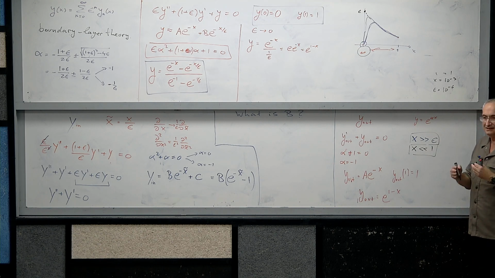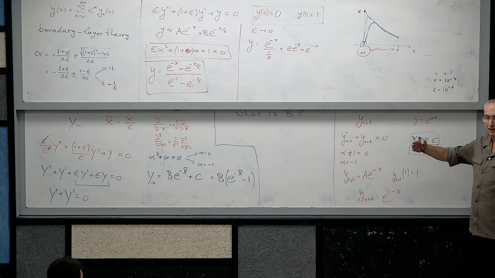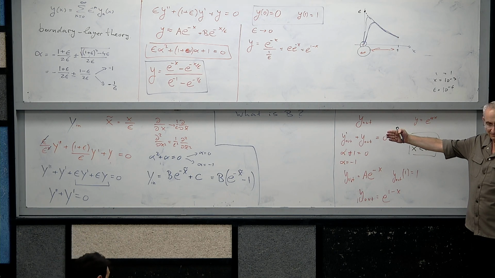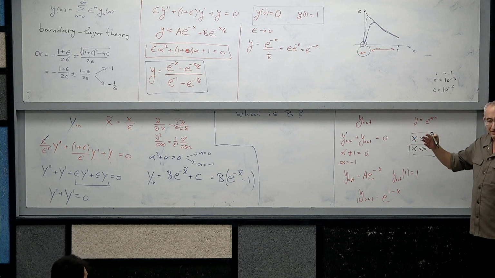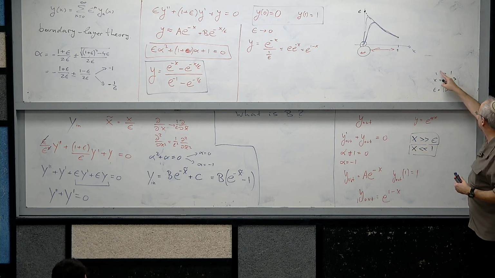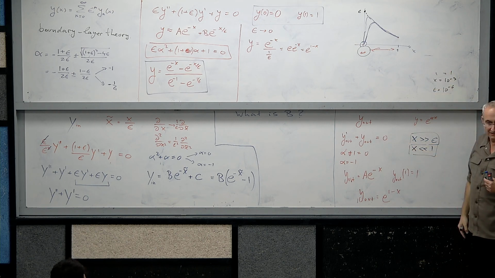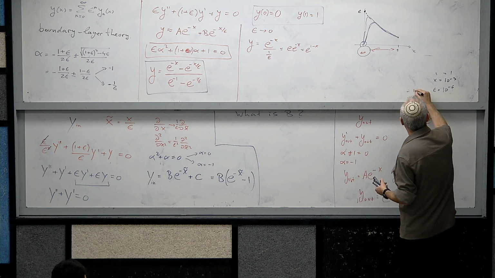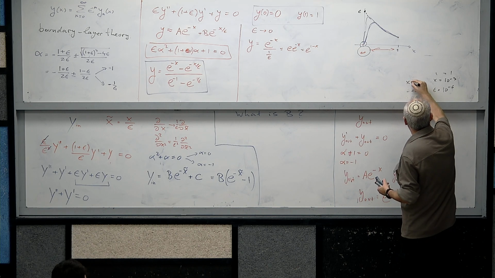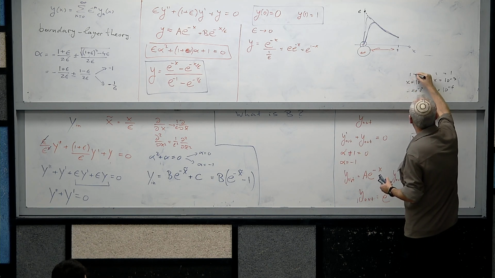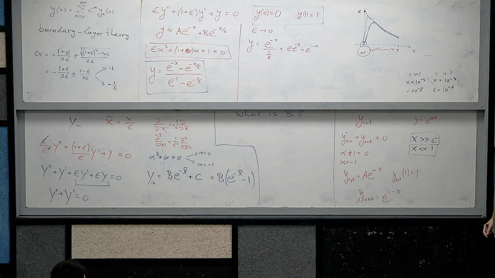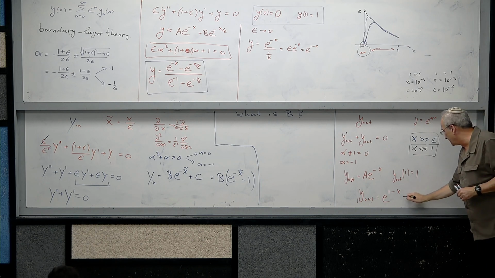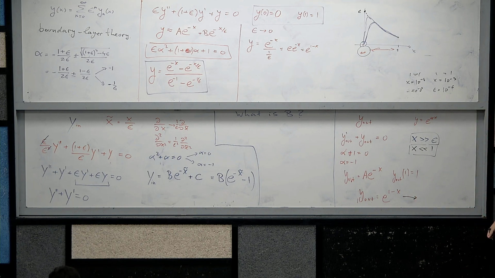Not only that, this region is growing as epsilon goes to 0. If I take epsilon to be smaller and smaller, the ability to find such a region becomes better and better. So if epsilon is 10 to the minus 8, then I can say x is 10 to the minus 4 and 1 is 1. And in this region, what will be y out?